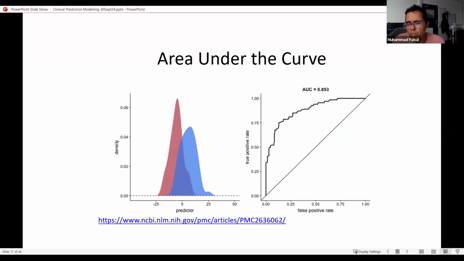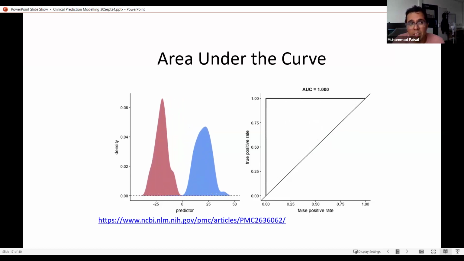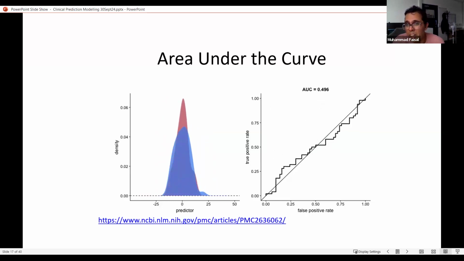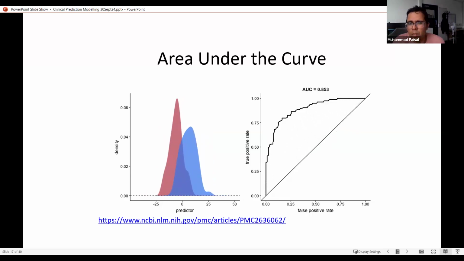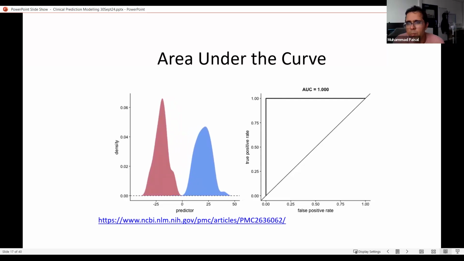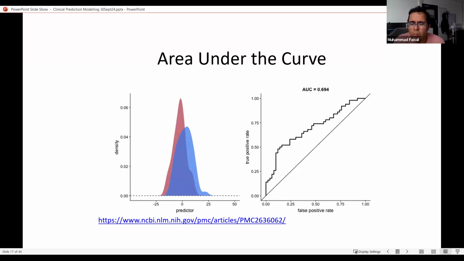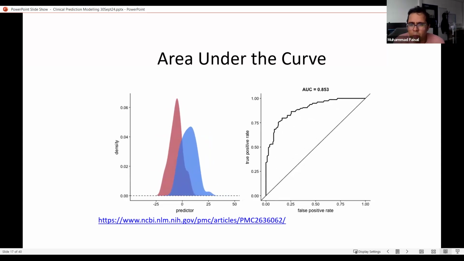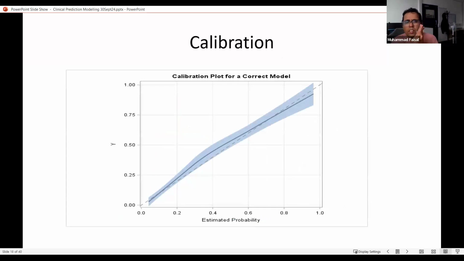to measure the performance of our model, whether our model has any potential to predict that outcome. If it's near 1, we say the model is good. If it is near 0.5, we say it's rubbish. In between, we are looking for something above 0.7 or 0.8, which is a reasonable model. Another thing is calibration.